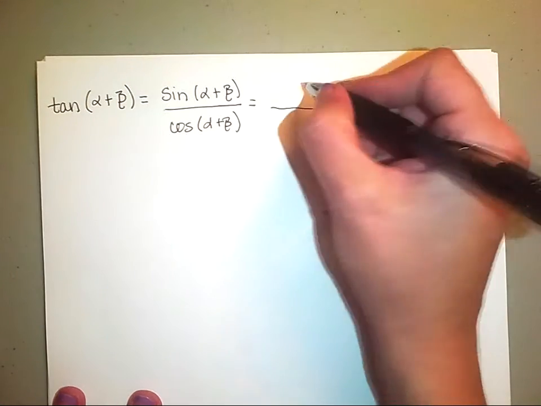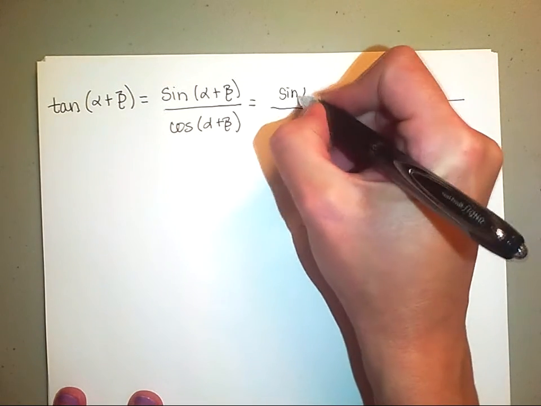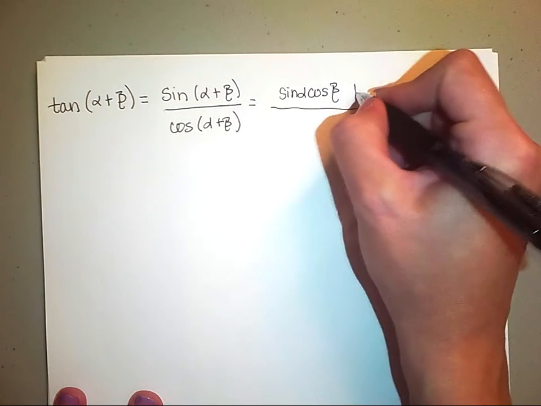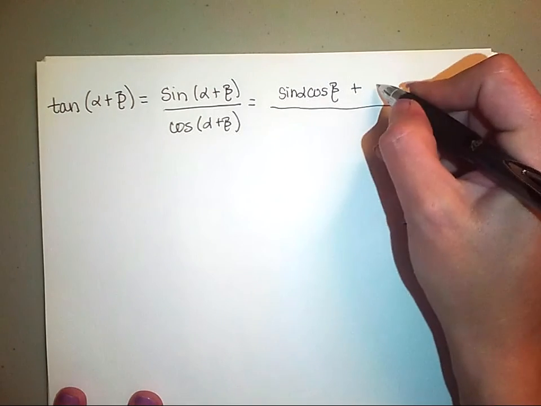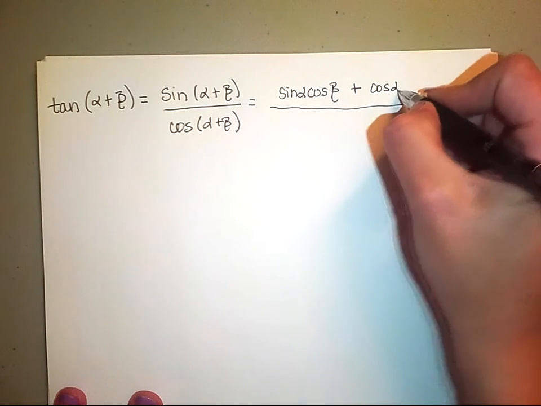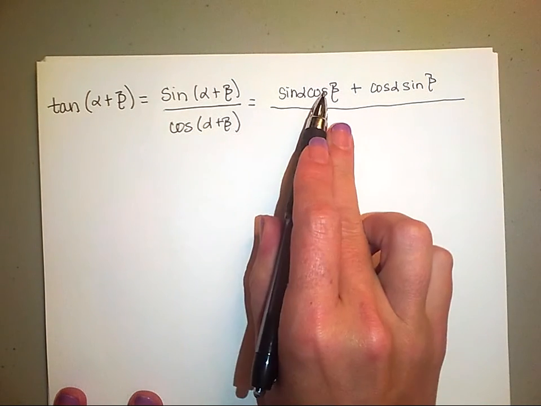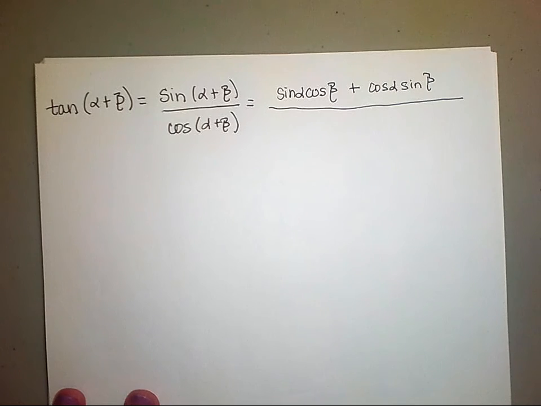Well, I can expand that. I know the sine of alpha plus beta is the sine of the first, always the cosine of the second, sine, so I'll take the same sign, and then the cofunctions, cosine of alpha, sine of beta. Just expanding this.